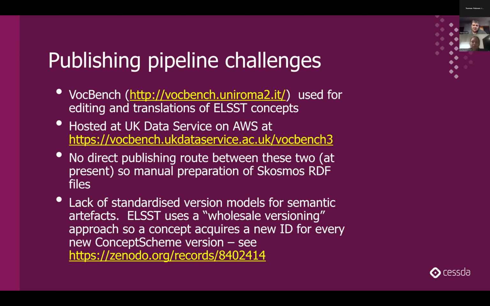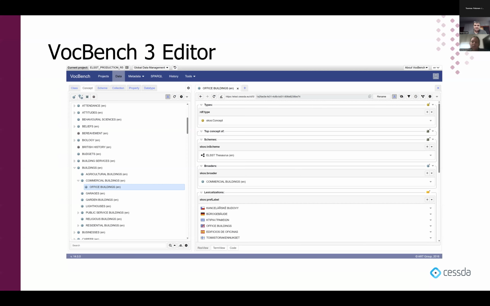It's a difficult area conceptually and technically, but I think this is becoming an issue now in terms of a lack of a standardized versioning model. So one of the things I'd like to see in Skosmos is maybe a really good, solid, practical reference implementation of how versioning should be done for semantic artifacts.